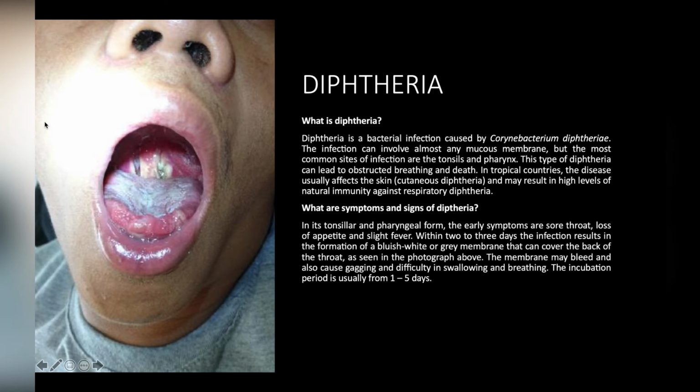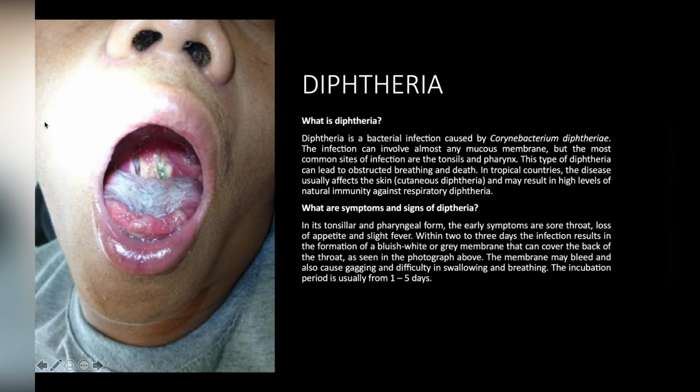In its tonsillar or pharyngeal form, the early symptoms are sore throat, loss of appetite, and slight fever. Within 2 or 3 days, the infection results in the formation of a bluish-white or gray membrane that can cover the back of the throat, as seen in the photograph.